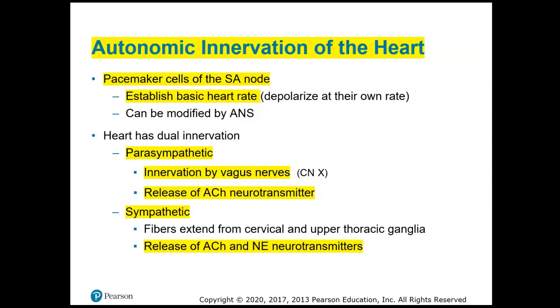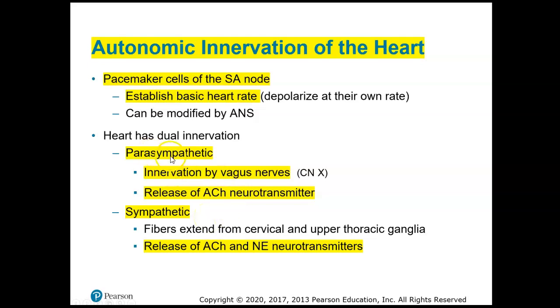All right. Some ways that the heart rate is regulated. Well, first of all, you have to understand that the pacemaker cells of the SA node establish the basic heart rate. And then the autonomic nervous system can modify it. And we have 2 branches of the autonomic nervous system. We have the parasympathetic and the sympathetic. So the parasympathetic will cause the heart rate to slow, and the sympathetic stimulation will cause it to speed up.